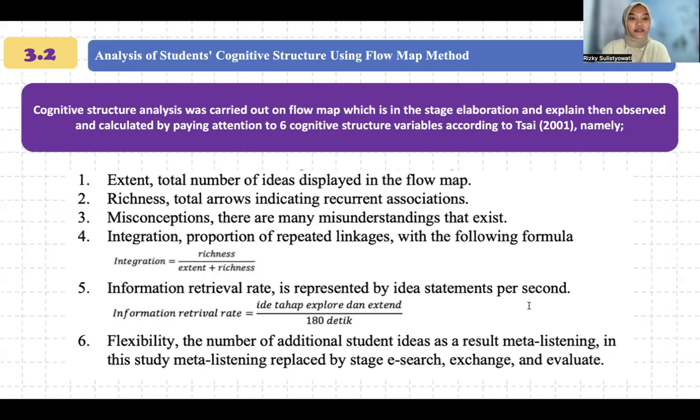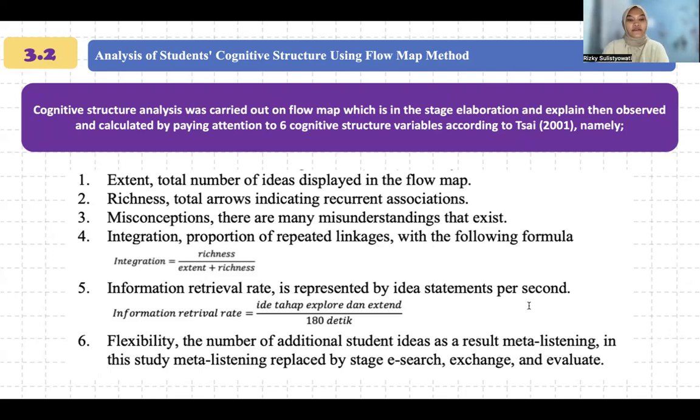Cognitive structure analysis was carried out with the flow map, in the stages of elaborate and explain, then observed and calculated by paying attention to the six cognitive structure variables according to Psi, namely first extent, the total number of ideas displayed in this flow map, and second richness, the total arrows indicating recurrent association, and third is misconception, how many misunderstandings exist, and fourth is integration, the proportion of repeated links with the following formula.